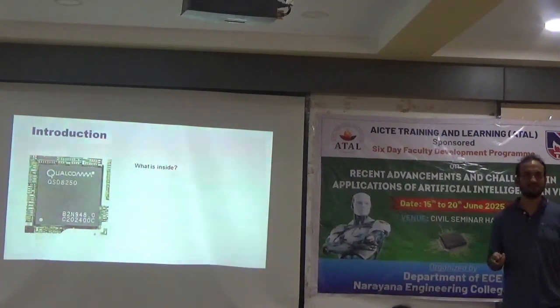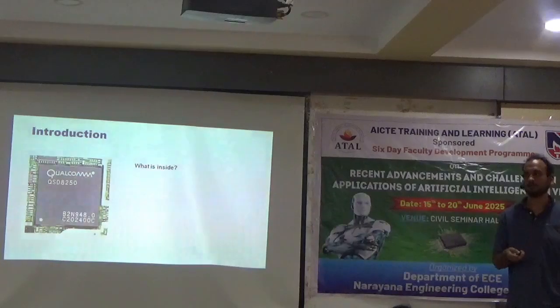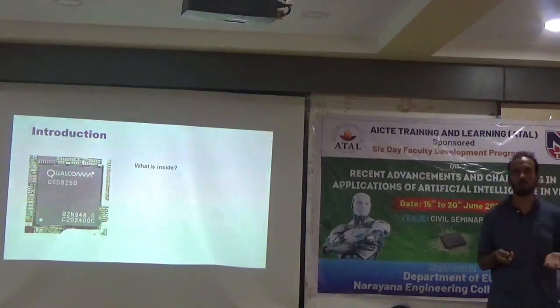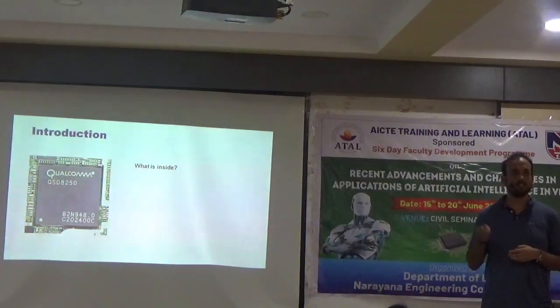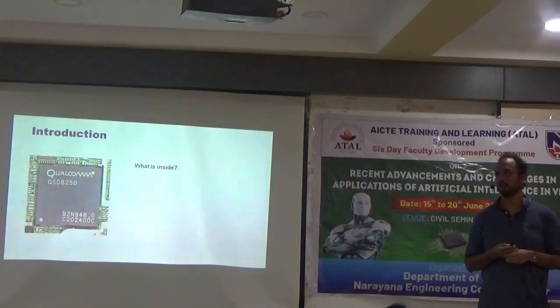Finally, it's transistors only. But I am asking what the blocks are, what the circuits are, what blocks it has. This is a Qualcomm flagship processor, Snapdragon. You can just tell what the things in there are.